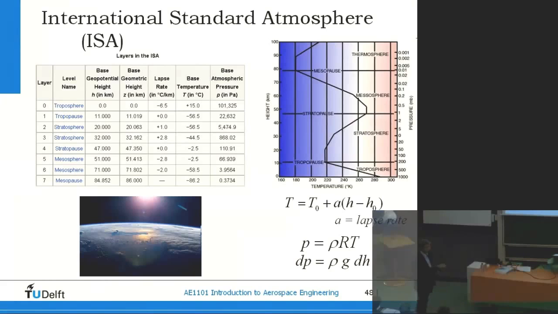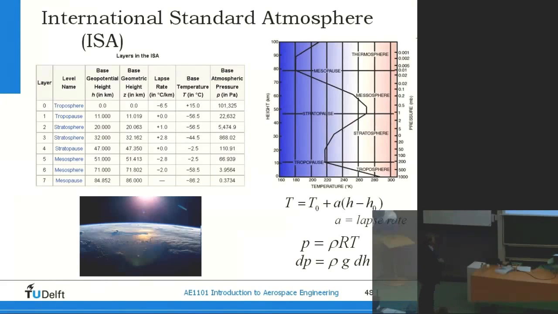So this means at sea level, if we have a temperature of a nice 20 degrees, if somebody builds a mountain in the Netherlands of 2 kilometers high, which is a current plan by somebody, then it will be 13 degrees colder on the top.